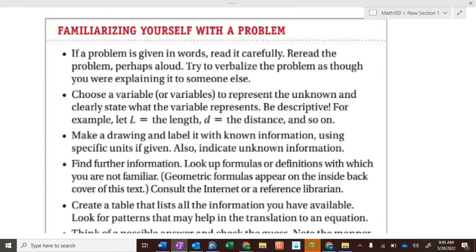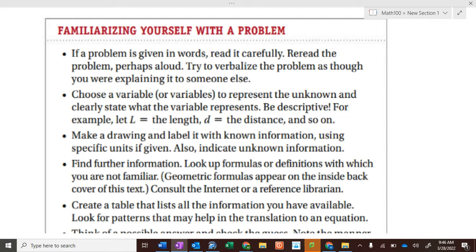So when you familiarize yourself with the problem, if the problem is given in words, read it carefully. Reread the problem, possibly out loud. Okay? Try to verbalize the problem as though you were explaining it to someone else, because you learn the most when you explain to somebody else. Choose the variables to represent the unknowns.